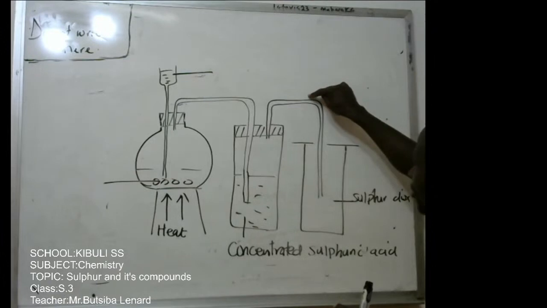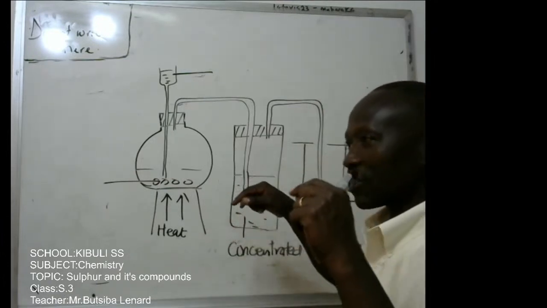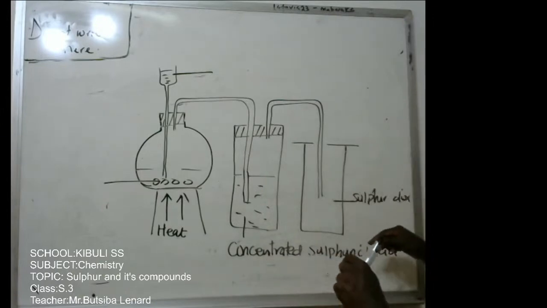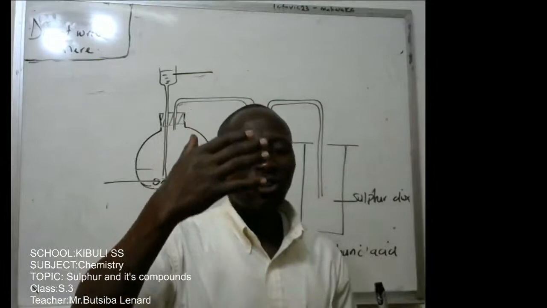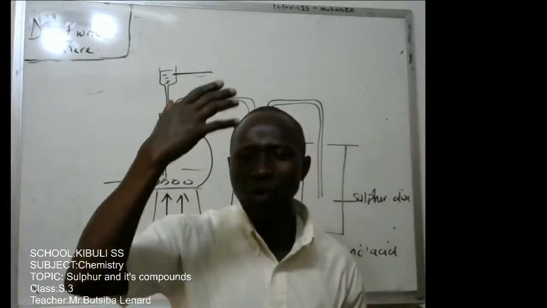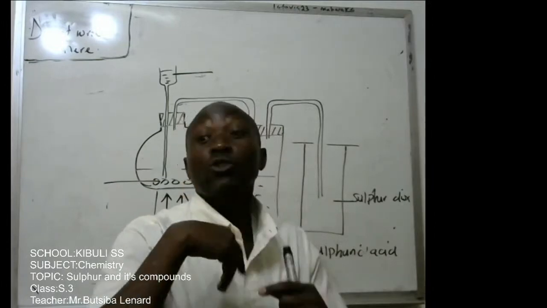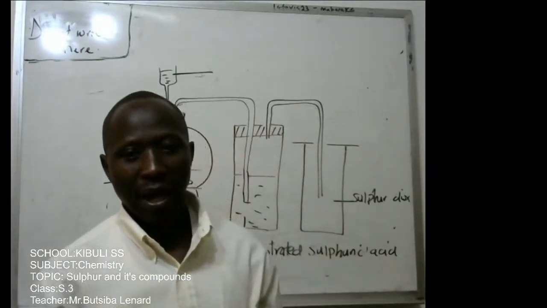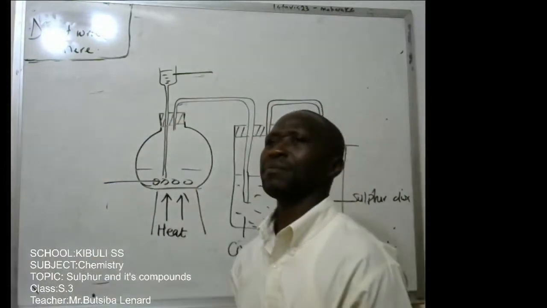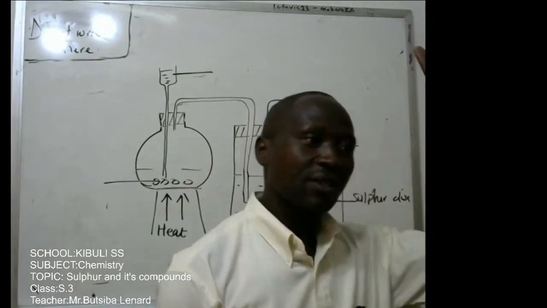Using another delivery tube, the gas is collected in the gas jar by downward delivery because it is denser. You can see that a blind person can draw a diagram in his or her head, because I said, please don't draw, but communicate the diagram in words. Unless you have a problem, you cannot fail to answer a question on gas preparation.